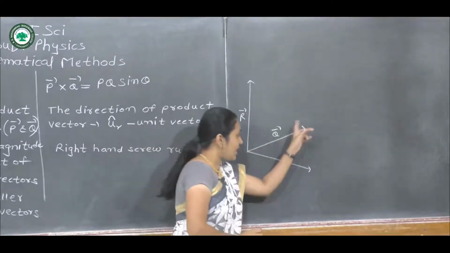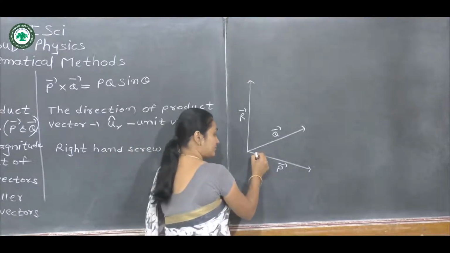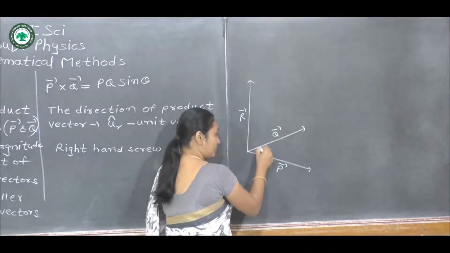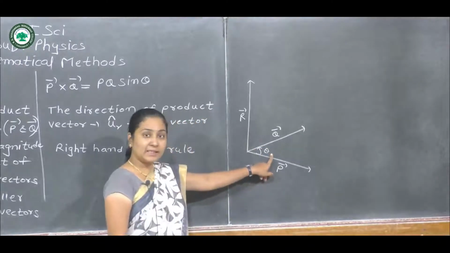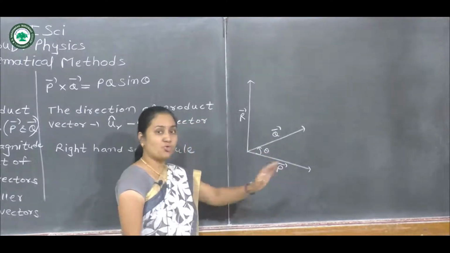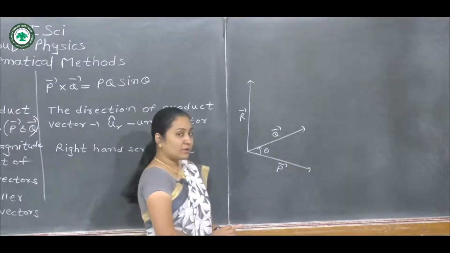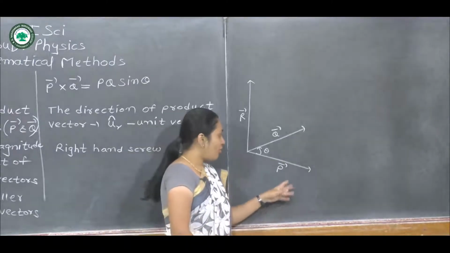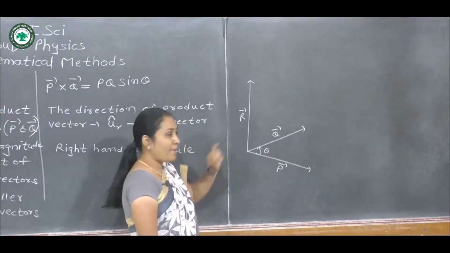This is the second vector q bar. Then this is the smaller angle theta between these two vectors. The vector product of these two vectors is r bar.